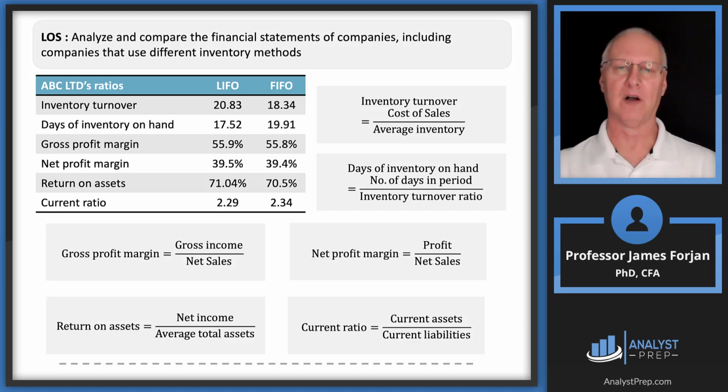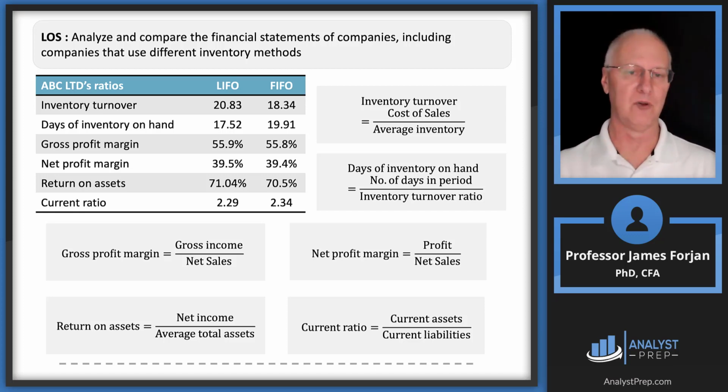However, I'm guessing on the CFA exam they would arrange these inputs so that the current ratio under LIFO might be, let's say, 1.29, and under FIFO it might be 1.79, and then you have a substantial difference.